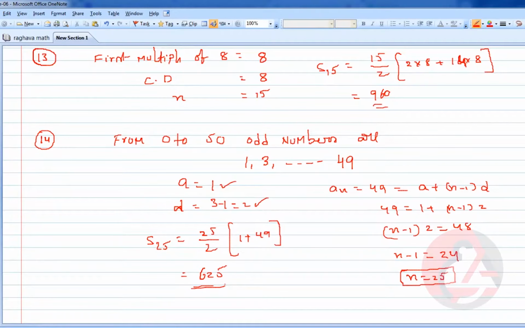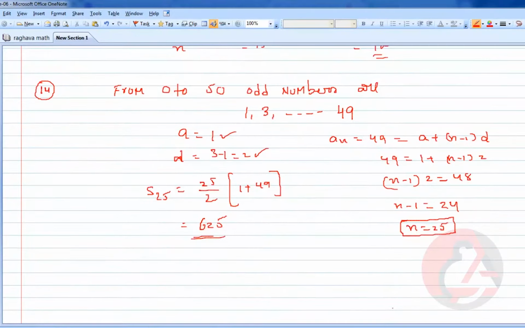Yes, 625 is the right answer. See, it's your wish. You can use another formula, Sn = n by 2 into (2a plus (n minus 1) into d). You have to get the same answer if you use that formula also. It's not necessary to use the same formula I am using. It's your wish which formula you choose.